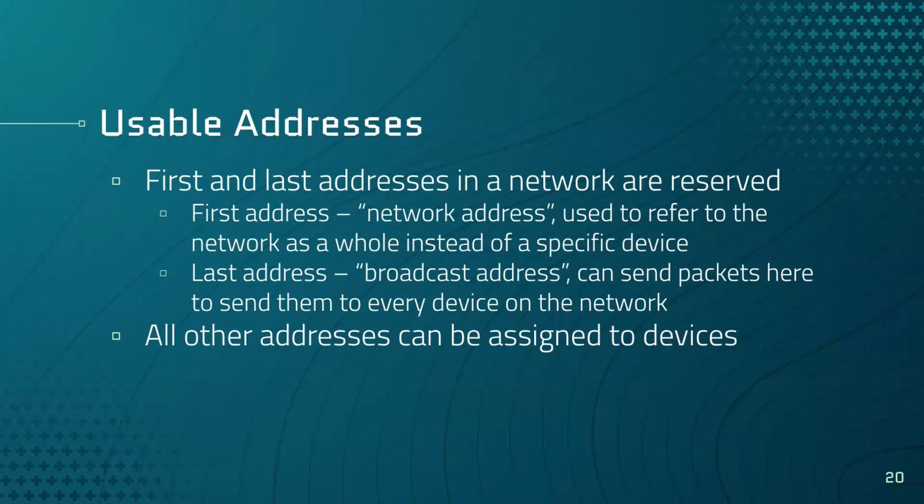If you use the network address, it's clear you're not referring to any specific device, whether you're talking about it or inputting it into a program. The last address is the broadcast address. This is where you can send packets and your router should forward them to every single device on your network. All other addresses are free to use. You can assign them to any device.